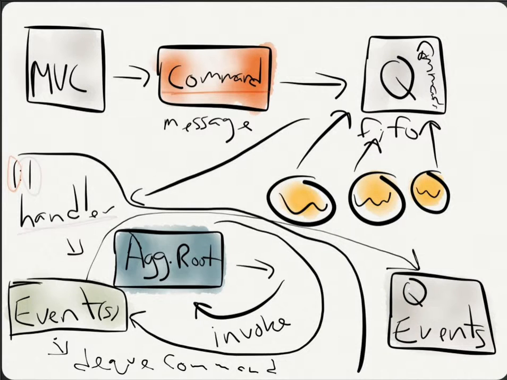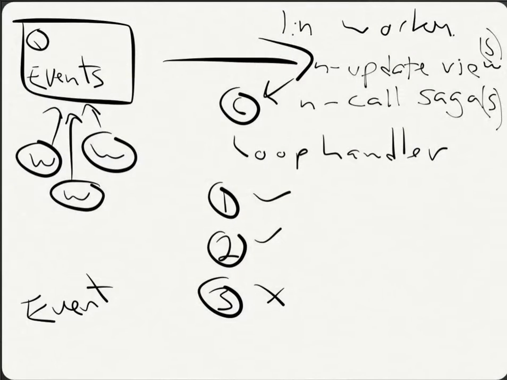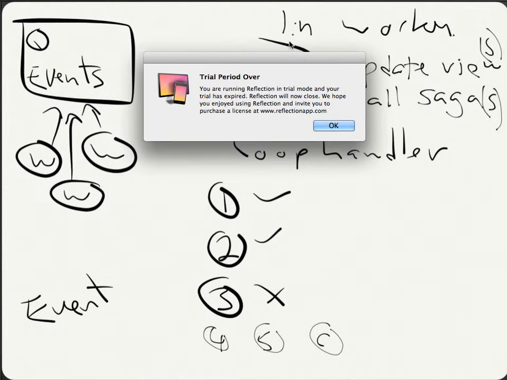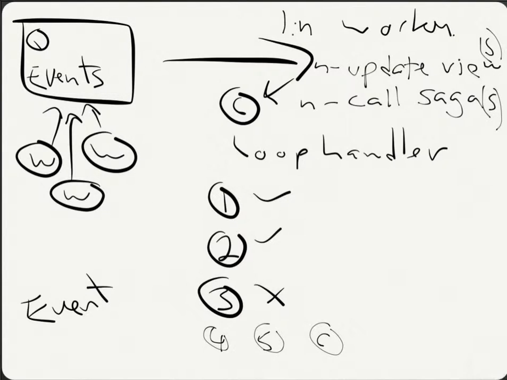So the original command comes off the queue. We don't want to handle that command more than once, right? But at this point in time, we can't dequeue because we still have 4 and 5 and 6 that we still want to do. So how are we going to get to those? And if we want to start over, we're going to run 1 and 2 again. These are going to be repeated.